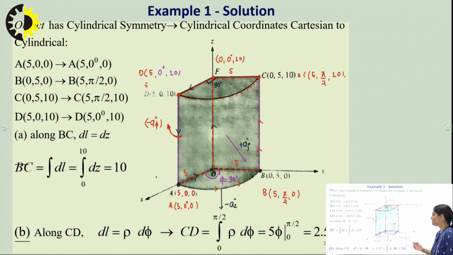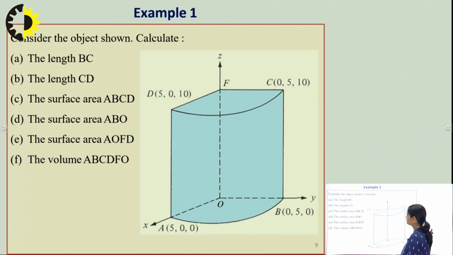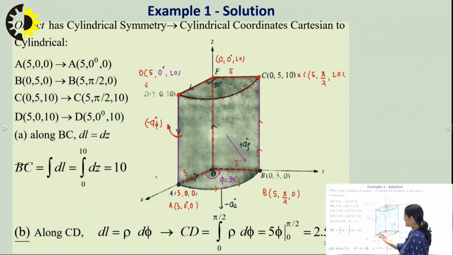Now for point B, write it down in cylindrical form, rho, phi, z. Write down rho as 5. Now phi is the angle between the x-axis and y-axis. As you all know, the x-axis, y-axis, z-axis are perpendicular to each other.